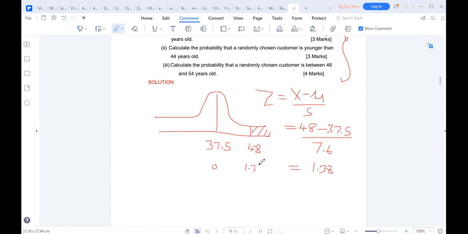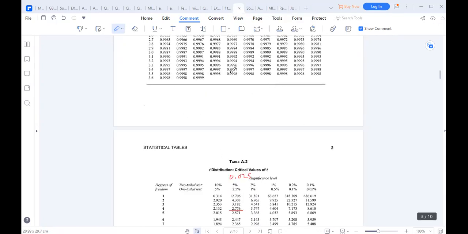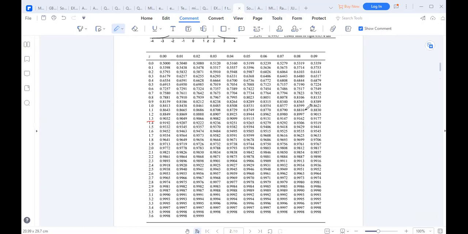I've discovered that he uses a cumulative table when he's doing his solutions. I hope he's the one who will bring it even during the exam. So 1.38, does it mean we concentrate with one minus something if you're using the cumulative table? Since I taught both of them, better know both of them, but I've noticed most of his solutions he is using this table. So 1.38, 0.9162.